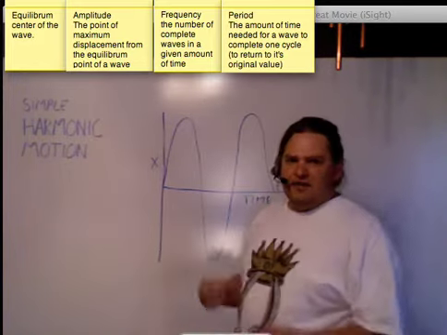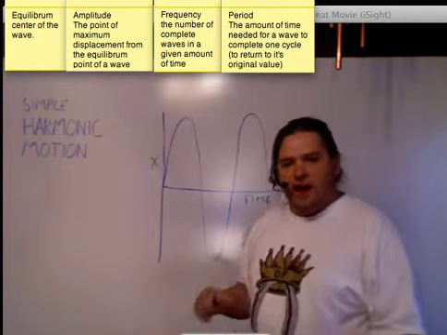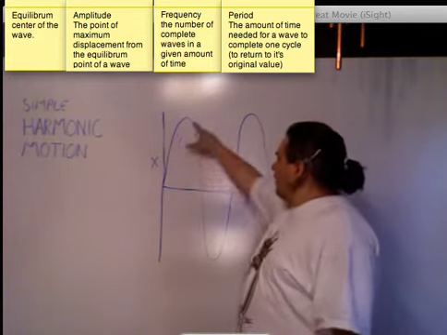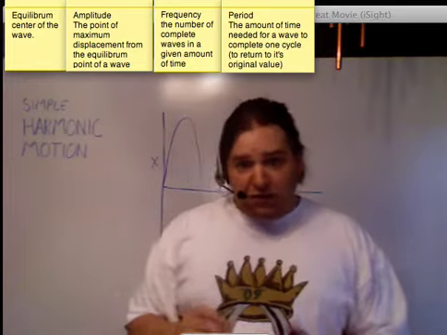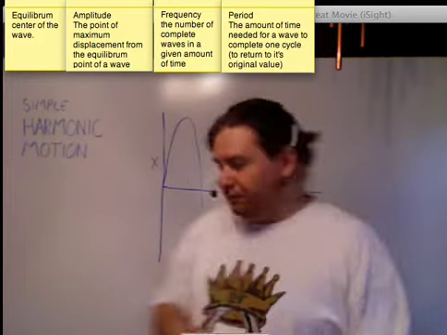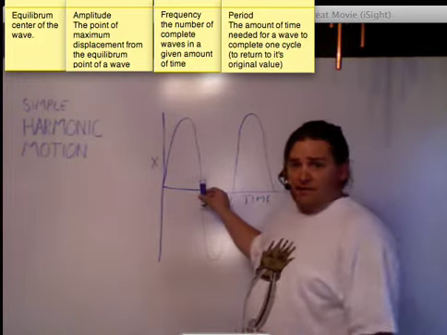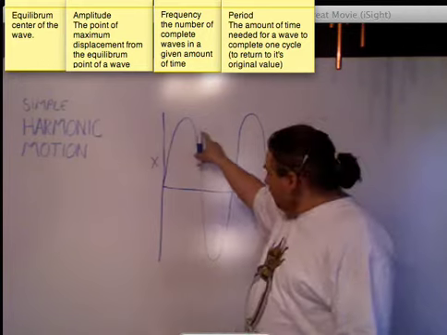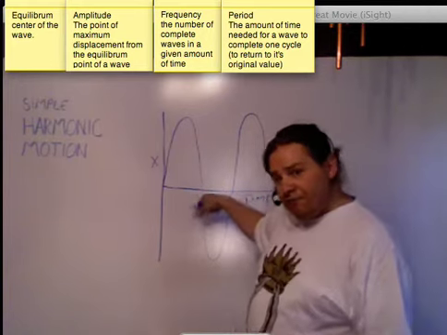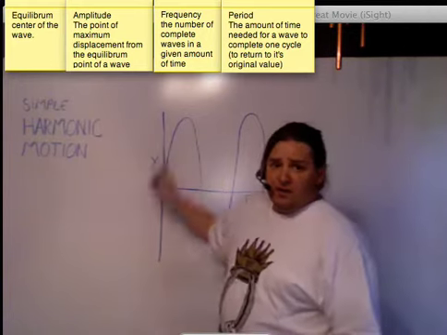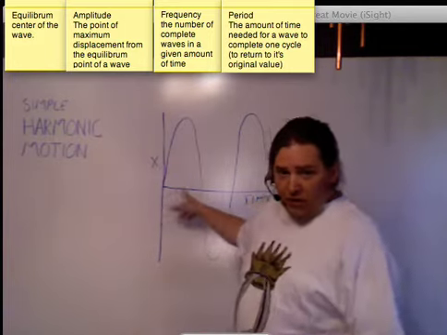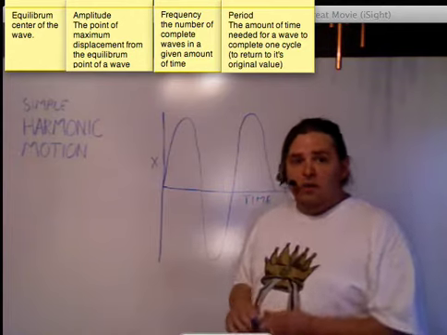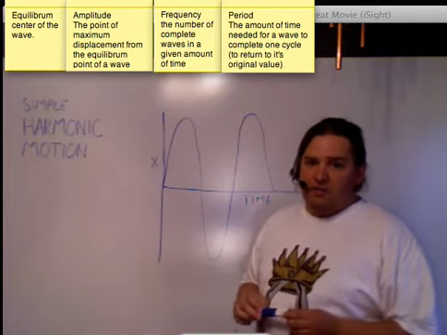If I start here and I go here, it looks like I've returned back. But the truth of the matter is I haven't. At this point the wave is heading down. At this point, the wave is heading up. So we're looking for not only a point on the equilibrium, but a point on the equilibrium where the wave is doing the exact same thing.